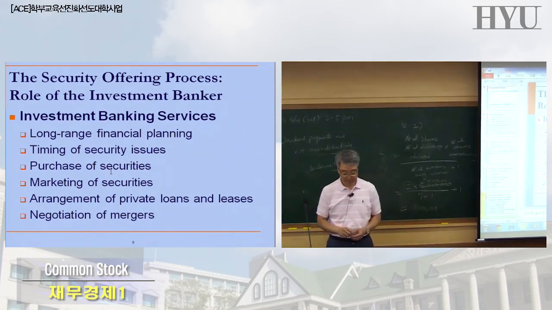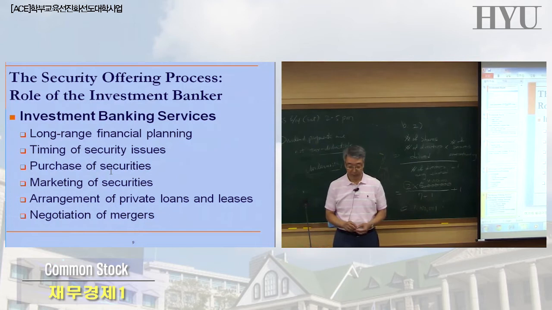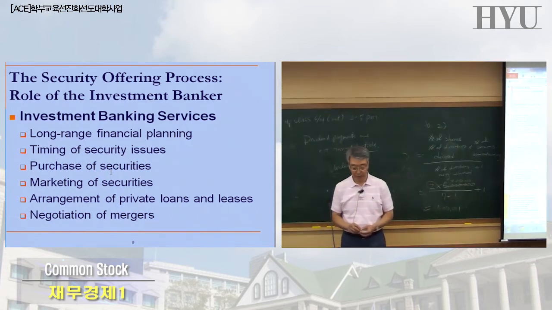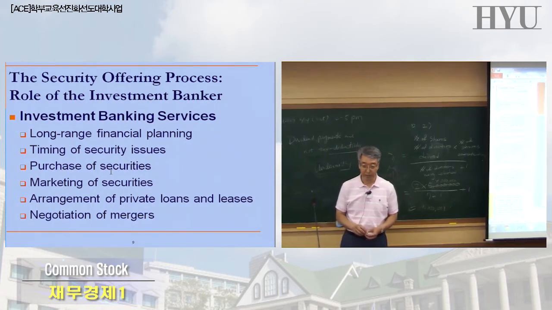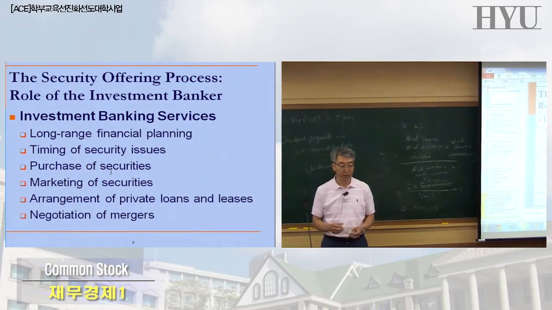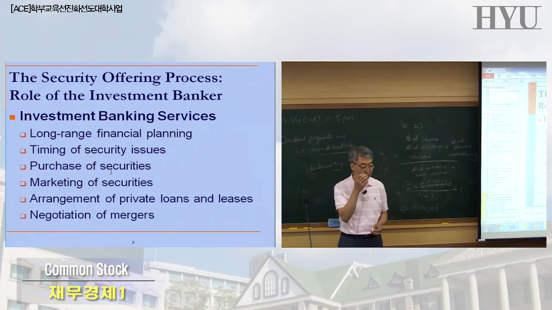Okay? Arrangement of private loans and leases. In addition to raising capital through bonds and stocks, sometimes you can get private loans from private investment companies, private investors. Okay? And also when you need to lease certain things such as equipment, an airplane, or a building, facility, land, all those things, right?